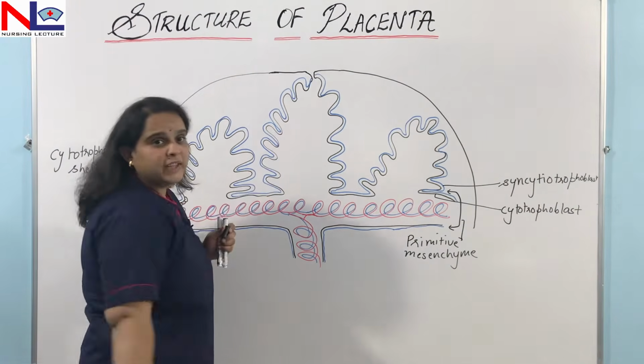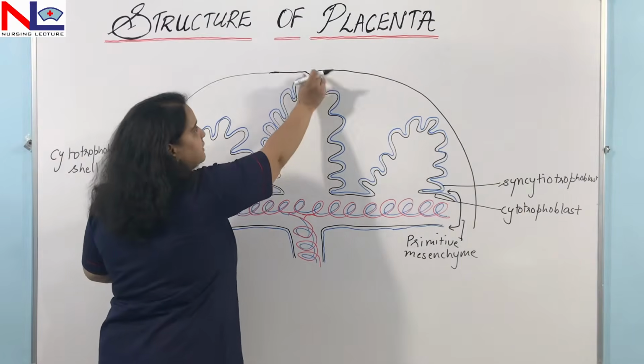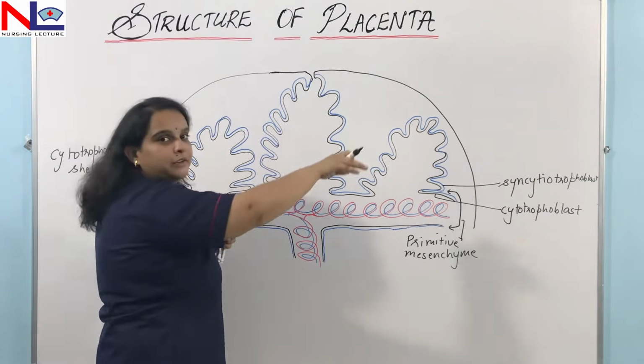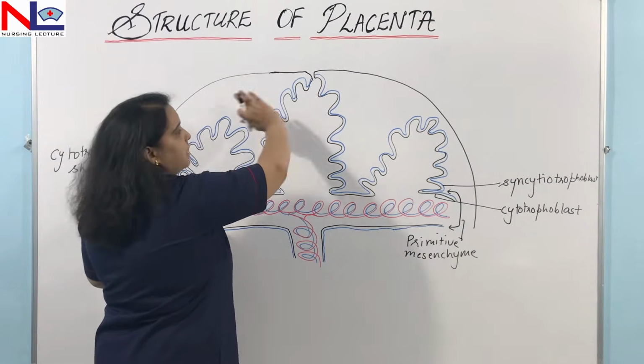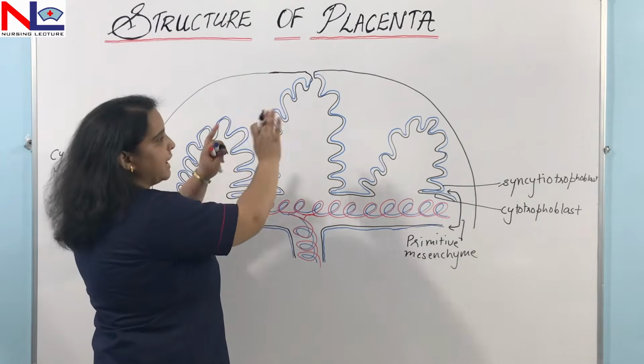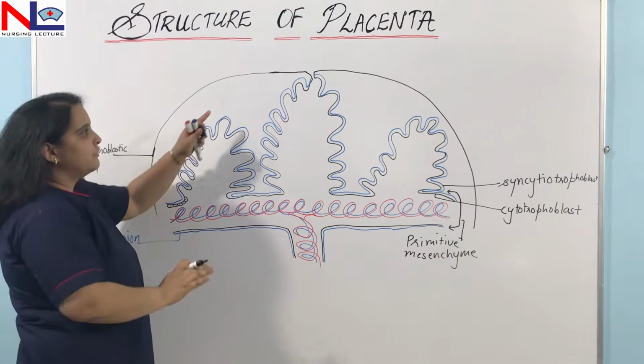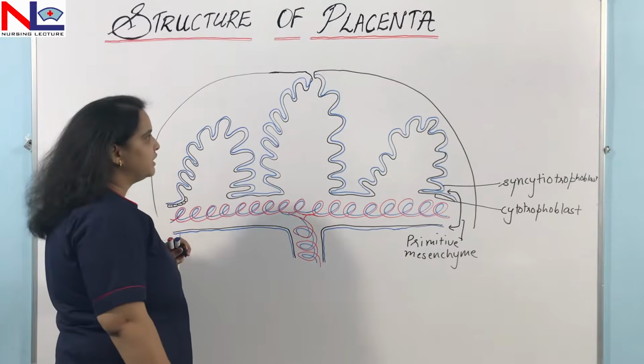So some of these cytotrophoblasts penetrate the syncytiotrophoblasts and run transversely and cover this whole villus and form the shell-like structure which is called the cytotrophoblastic shell.